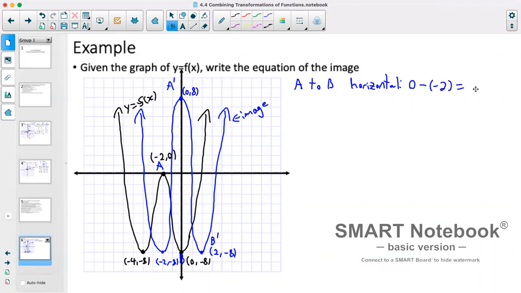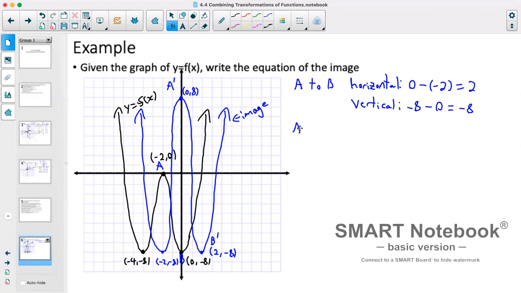So our horizontal distance was +2. Our vertical distance, once again, we'll take our final vertical location, which is in this case -8, and subtract our initial vertical position, which was 0. So vertically, we had a change of -8.